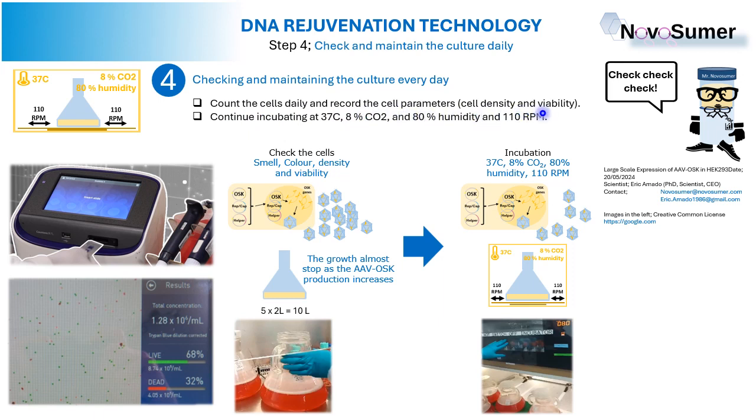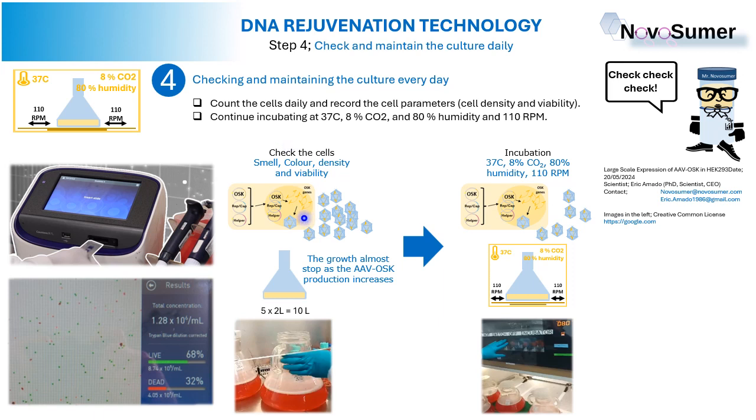And as always, we check the smell, the color, and what I have mentioned. And after checking, we just continue incubating the culture, because we want the cells to produce a lot of EVOs, right?